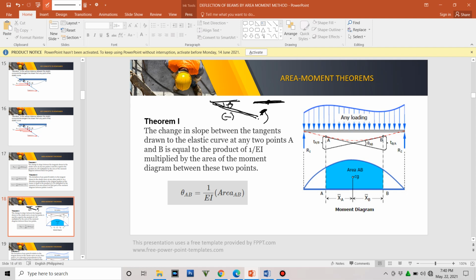Pag nag-move siyang counterclockwise, of course, there will come a time, marireach niya yung horizontal. Itong horizontal line na to, ito yung maximum deformation or deflection. And kapag nag-continue yan na nag-rotate, angle of elevation na yan, positive angle na yan.